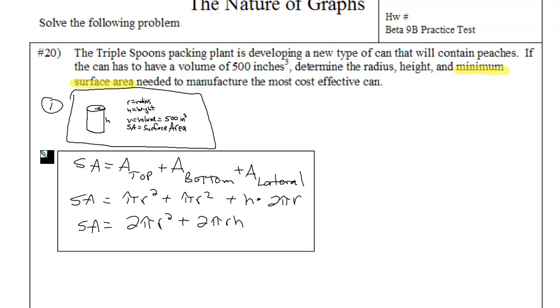Did this first, did this second, I'm going to do this third. Volume of a cylinder. That's a cylinder. It's the area of the base times the height.